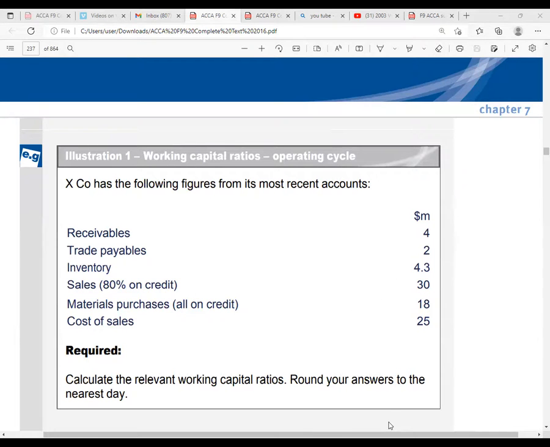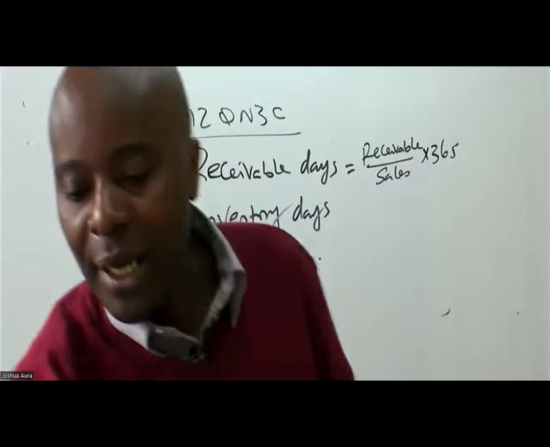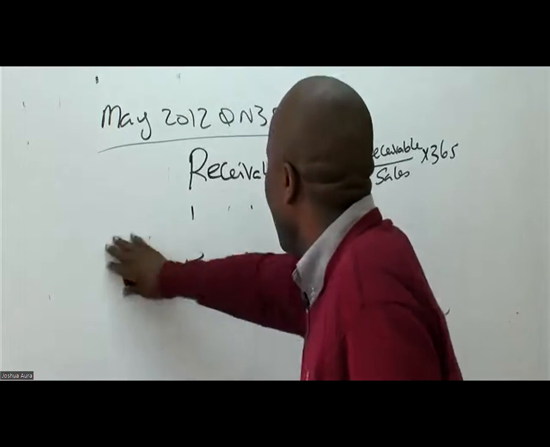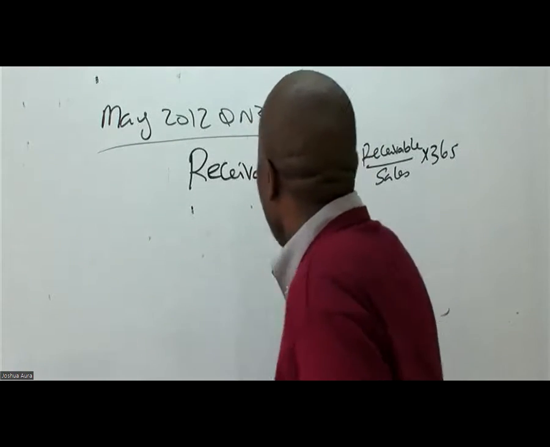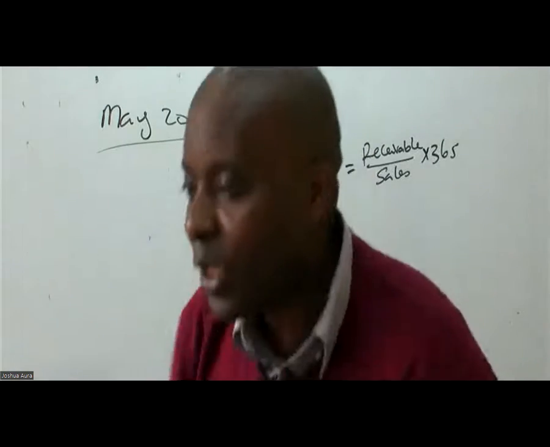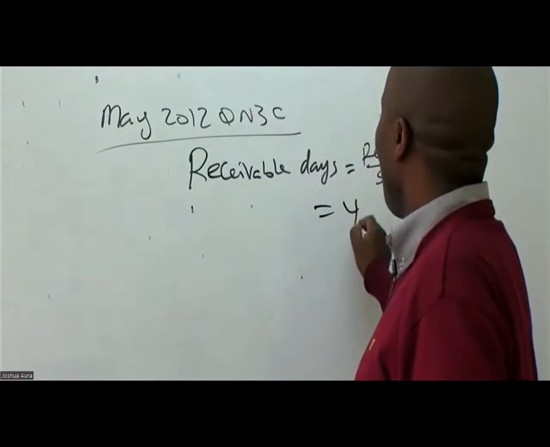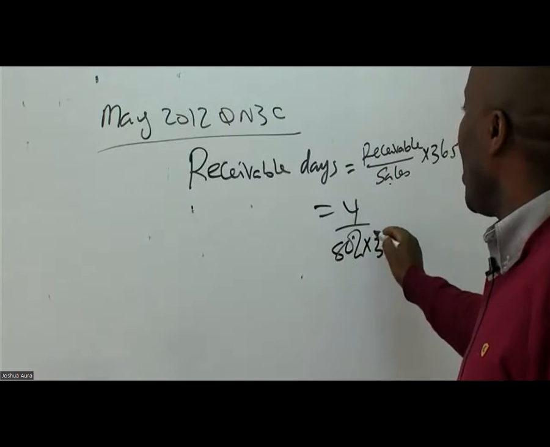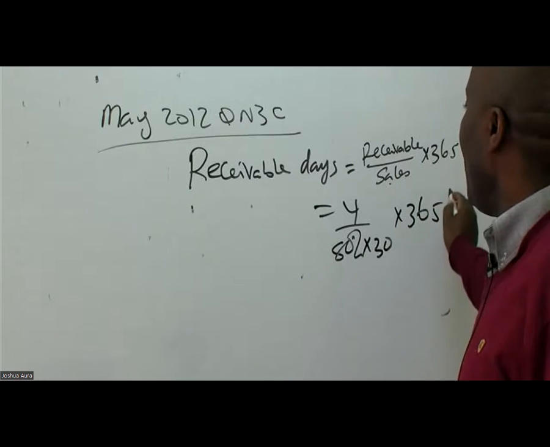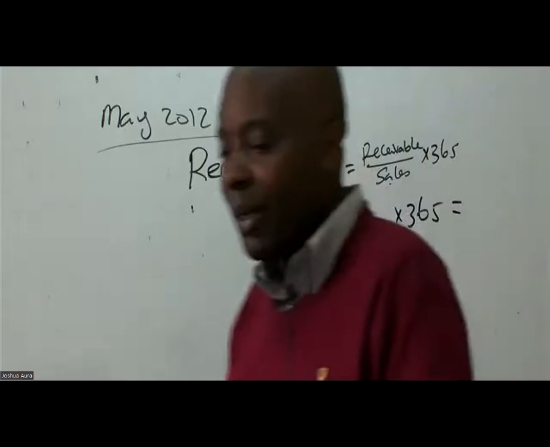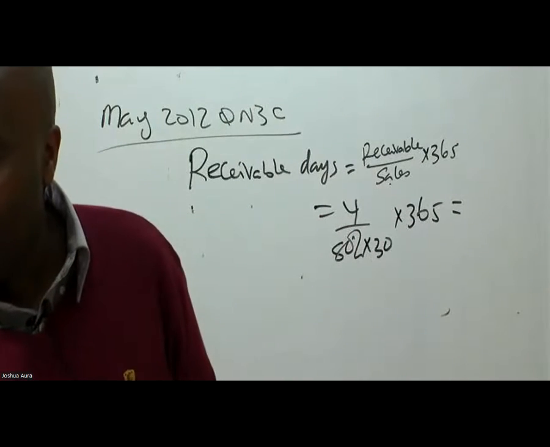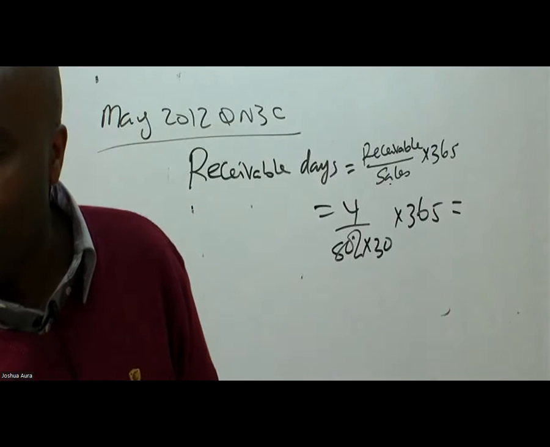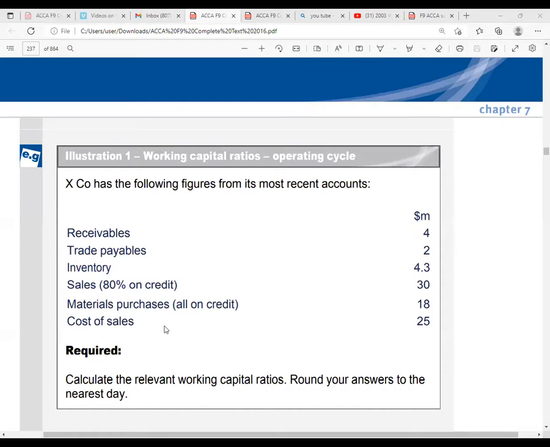So I'll pick my receivables at the end of the year, which are 4. Credit sales is 80% of the 30 that we saw there, times 365. Remember, they told us receivables are 4, and credit sales is 80%.